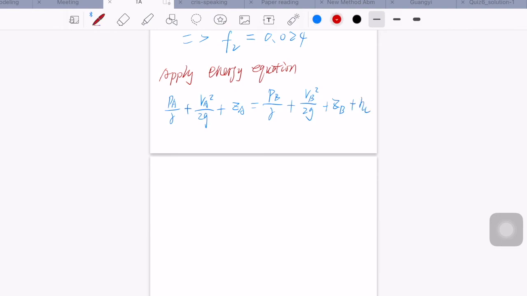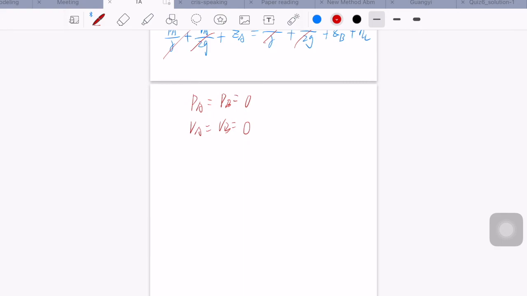And we know PA equals PB equals 0, VA equals VB equals 0, and the total head loss includes the pipe head loss and the minor head loss.